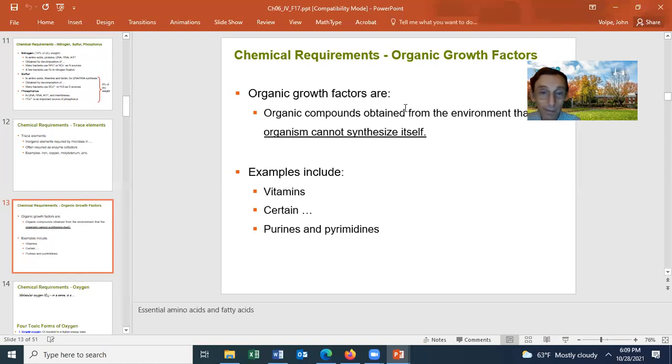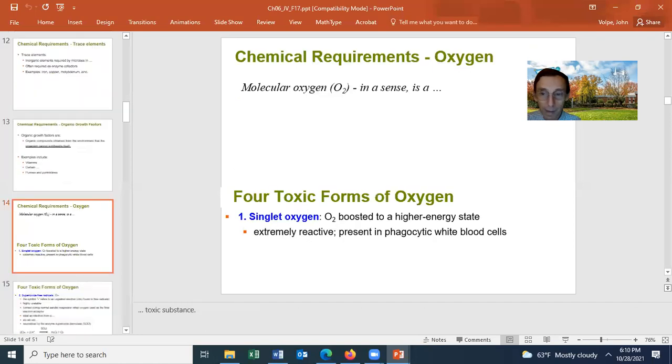And then the purines and the pyrimidines of nucleotides, or DNA and RNA, we have to get those in our diet. Usually, we get the purines and the pyrimidines in our diet just by eating something that has DNA or RNA, and then we digest that to get the nucleotides, the purines and the pyrimidines. Any question about any of that? All right.